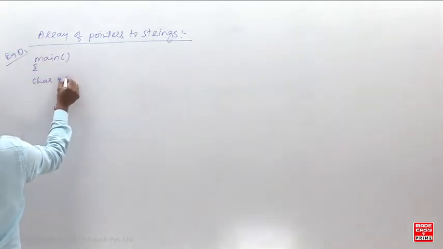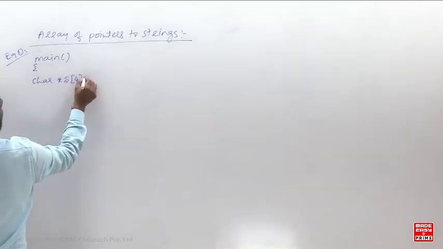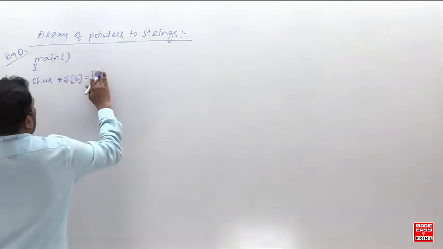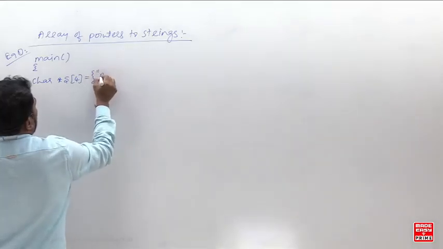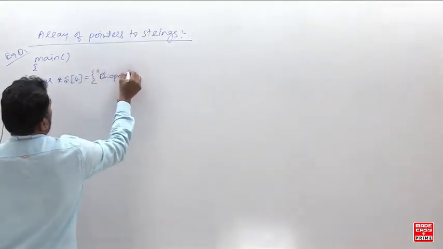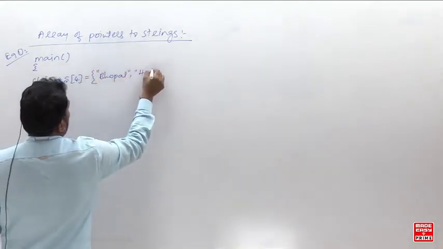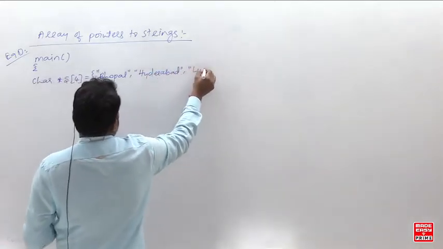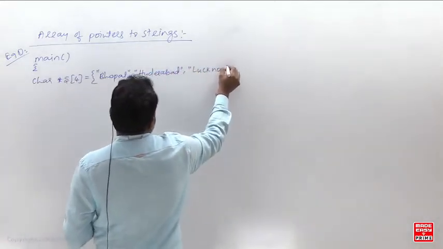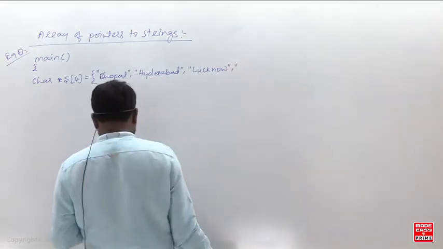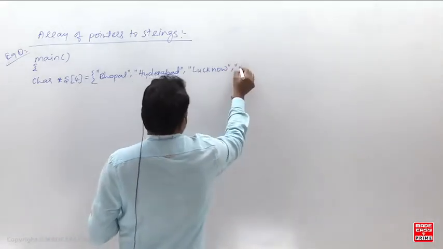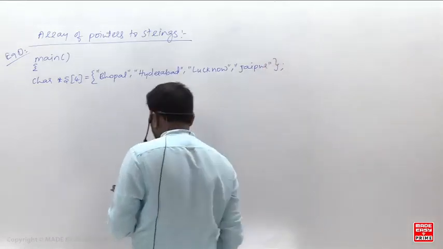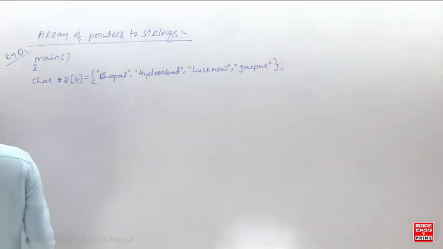Character S of 4: Bhopal, Hyderabad, Lucknow, Jaipur. Thus you have 4 strings.